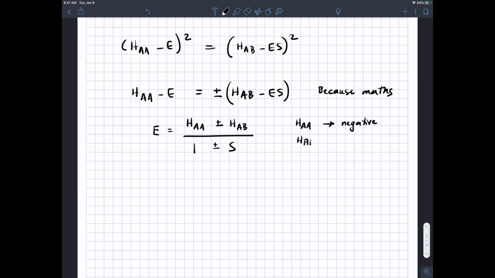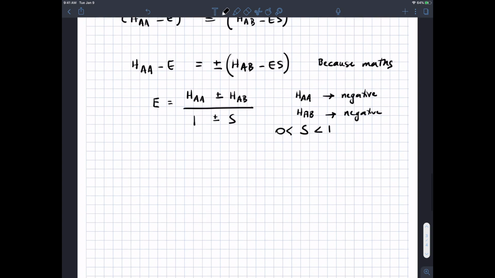But then HAB is also negative, stabilizing to be between the two nuclei. S, we're going to say it's an overlap integral, so the overlap can't be negative. It has to be somewhere between 0 and 1. So maybe we'll indicate that here.